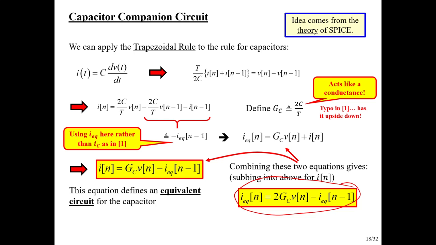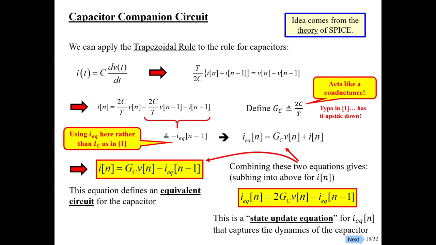So this thing is going to be used to define an equivalent circuit for the capacitor. So, okay, I guess maybe EQ was an okay choice. I still think I should have gone with aux. And this is like a "state update." I put it in quotes because we're stretching reality here, because we've taken continuous time reality and stuffed it into a discrete time box here. But it's what's capturing the dynamics of the capacitor.